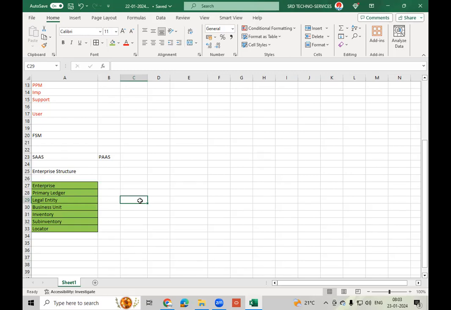Then what is the business unit? From here, I will perform the business operations and business activities. What are those? Purchasing, sales, payable transactions, receivable transactions, and some CRM activities, some PPM activities, all maintained at business unit level.